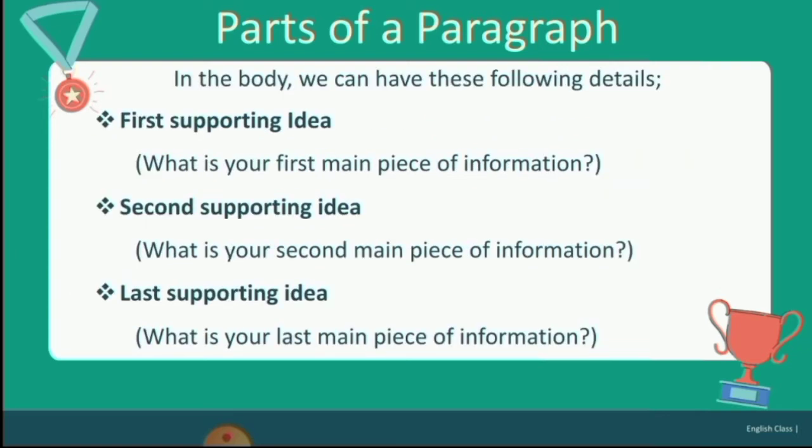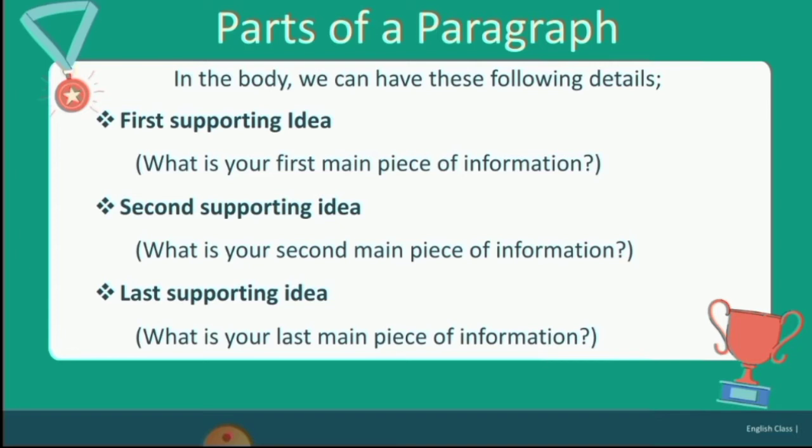In the body, we can have the following details. First, the supporting idea. In your first supporting idea, you need to write your first main piece of information, or the most important information about your topic sentence.